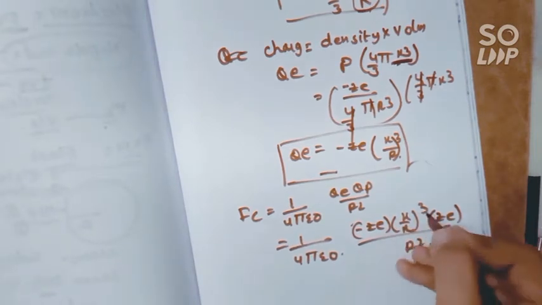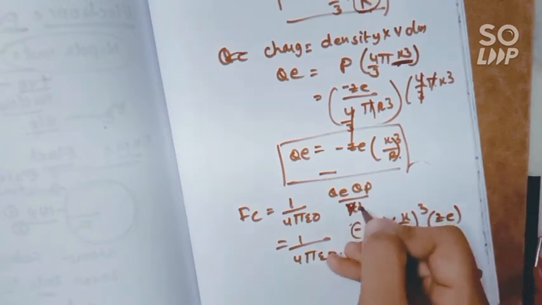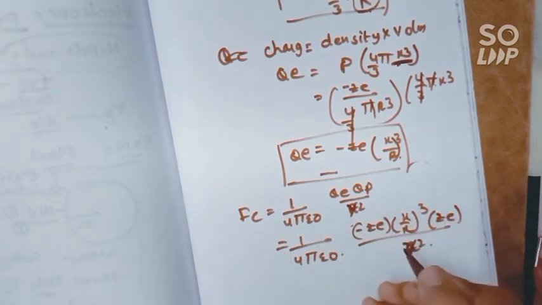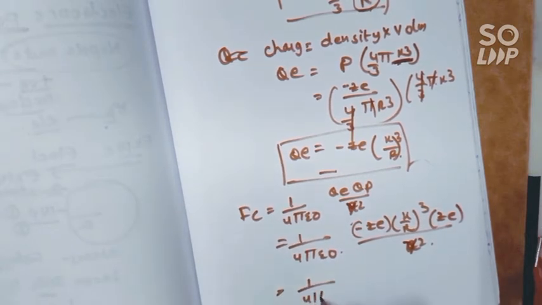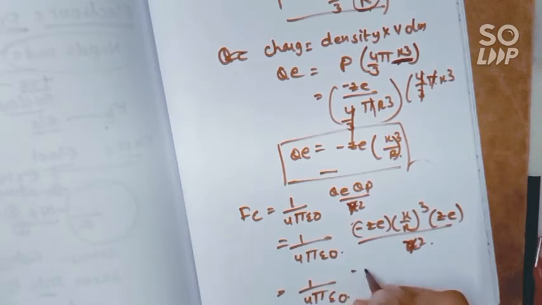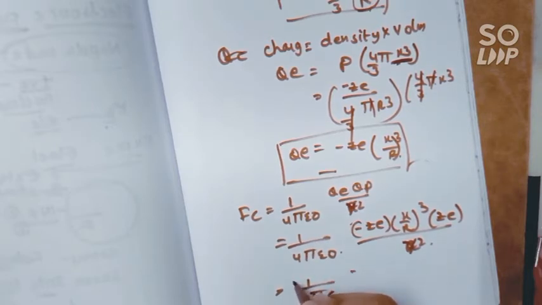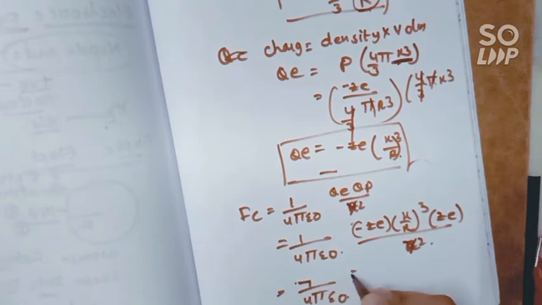Here not r square, here x square, because for Coulombic force we need to take the separation distance between the positive charge and negative charge. Then we will get minus 1 by 4 pi epsilon naught into Z square e square x by r cube.